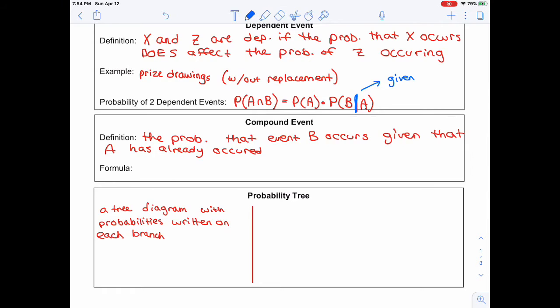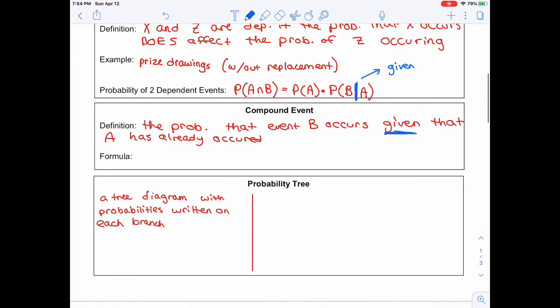All right, and our compound event here, all that is the probability that event B occurs given, so we're going to use that line again, given that A has already occurred. Oh, hold on. Sorry, my cat just knocked something over.